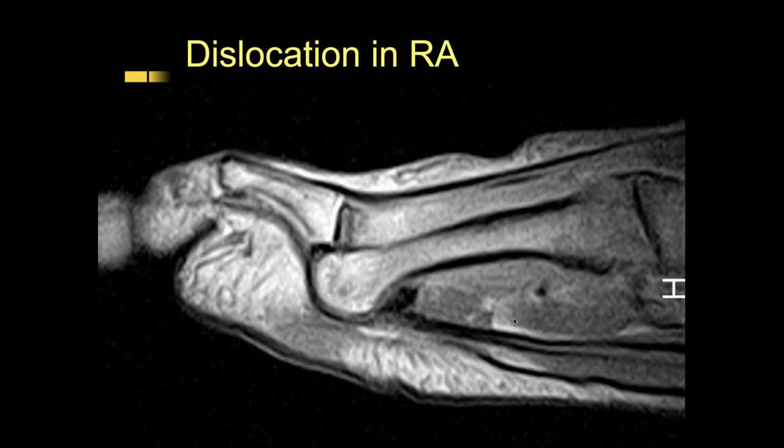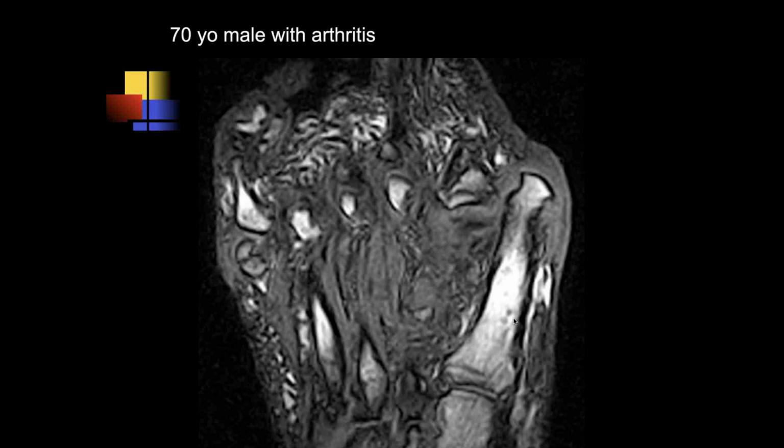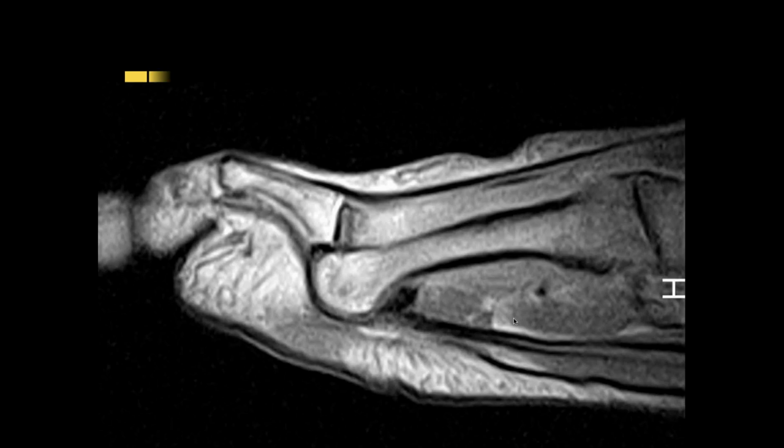This is most common in the metacarpophalangeal joints, where you get a very characteristic volar proximal displacement of the proximal phalanges with respect to the metacarpals in rheumatoid arthritis. But you can get instability and dislocations in any of these small joints of the hands and feet in rheumatoid arthritis. The synovitis just stretches all the ligaments out.